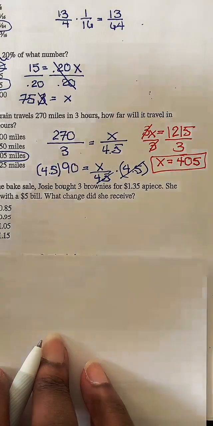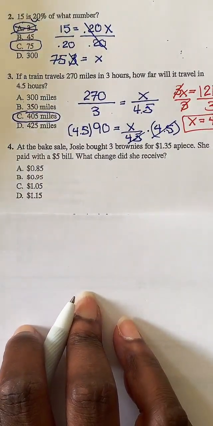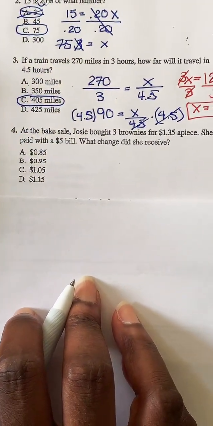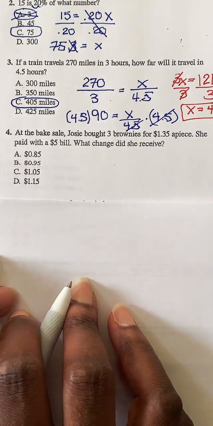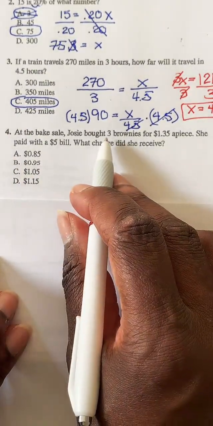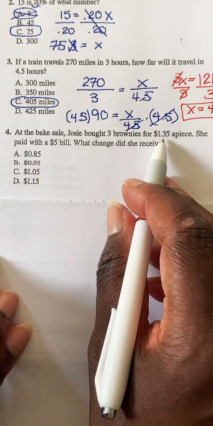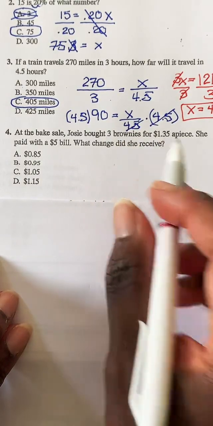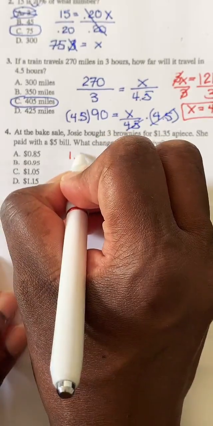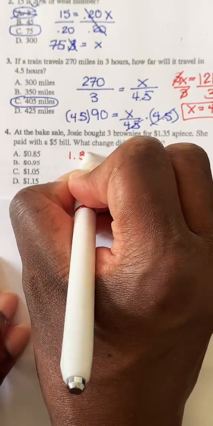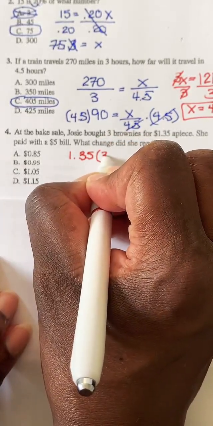All right. So now, think about it. There's 3 brownies. That's $1.35 a piece. So you're multiplying this by 3.